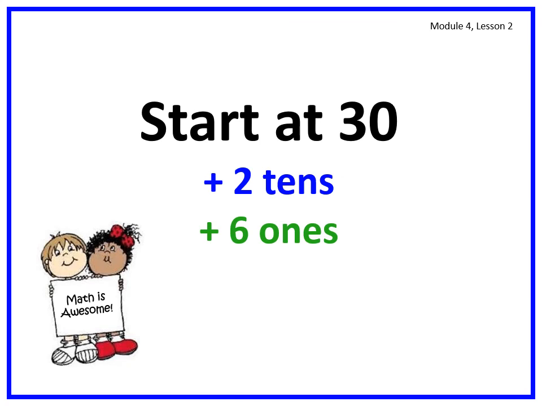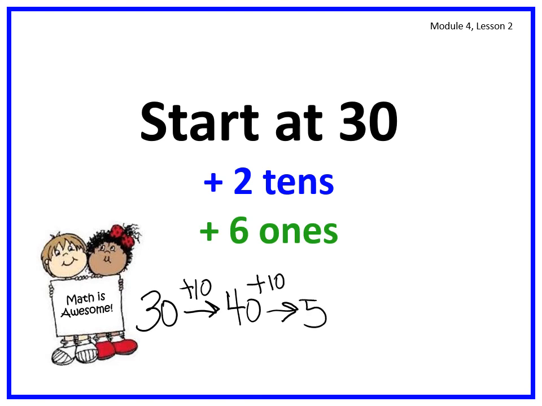If I were to do this starting at 30, with the arrow model, I would add 2 tens: plus 10 would give me 40, plus 10, I'm at 50. So there's 2 tens, and now I need 6 ones.